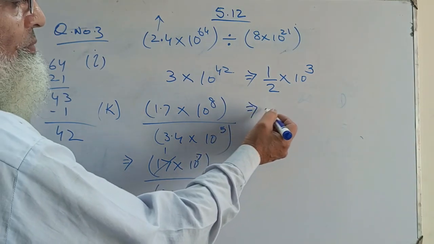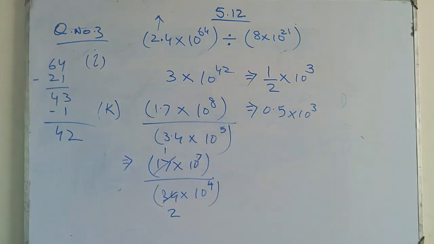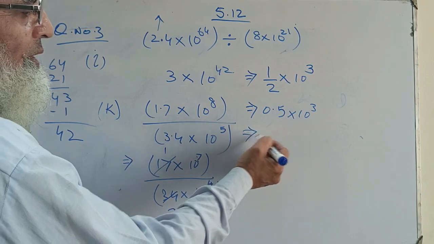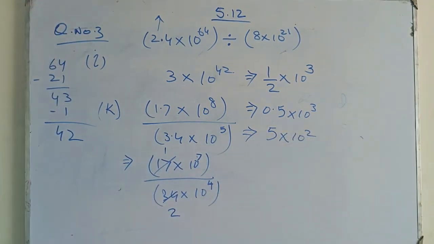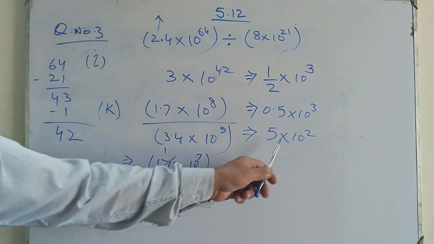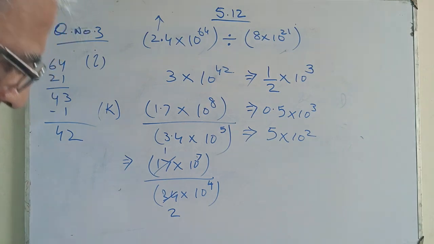So it will become 0.5 multiplied by 10 raised to power 3. Now the last step, remove this point and it will become 5 into 10 raised to power 2. So I hope the answer is correct. Yes, it is correct.